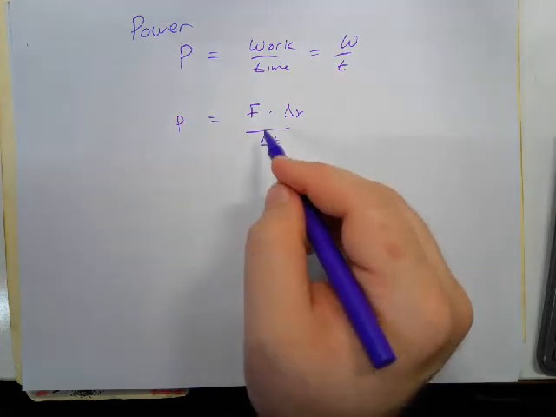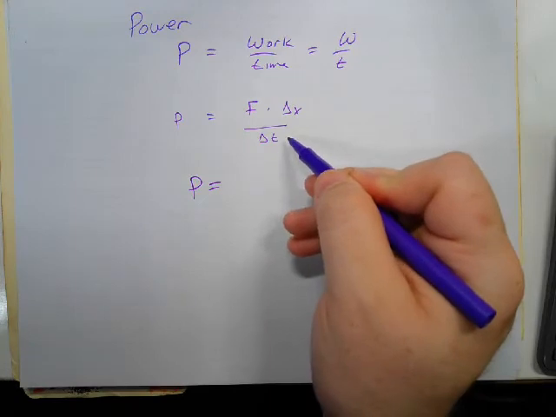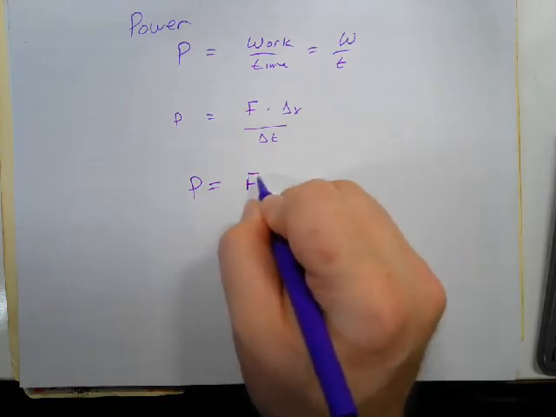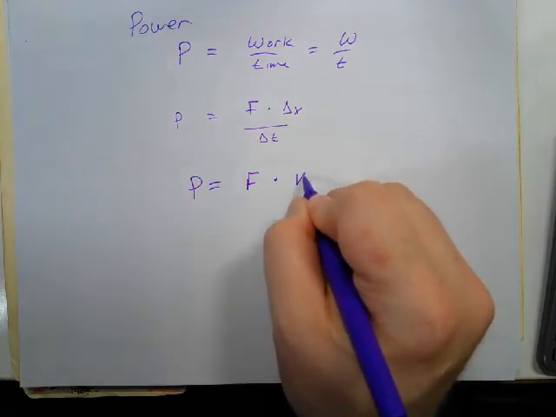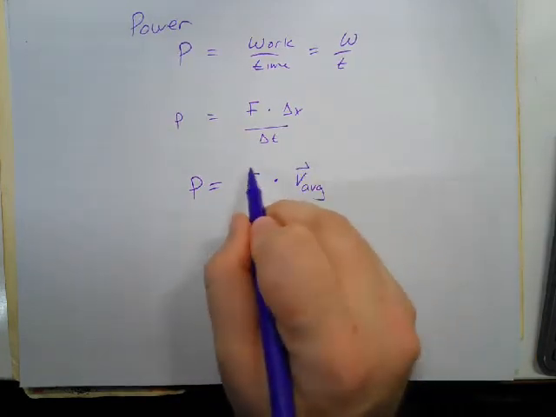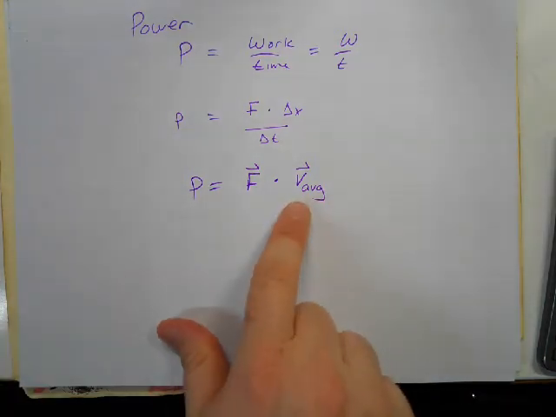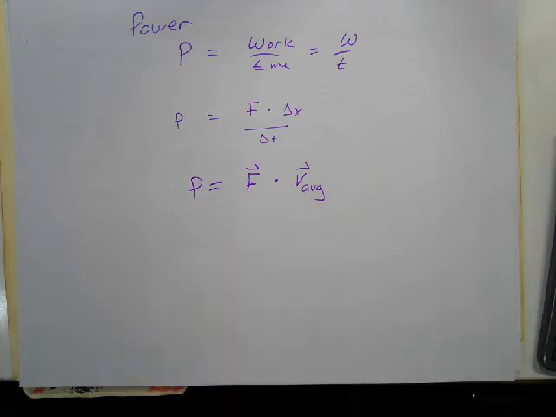And so we can also define the power as, if you look in here, there's a velocity in here. But it is the average velocity. So you can define problems where we can work with the velocity and the force and get to power.